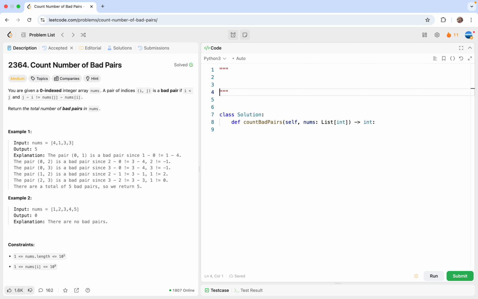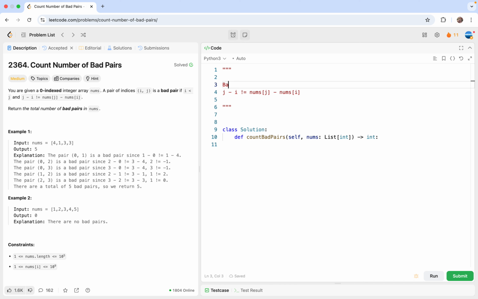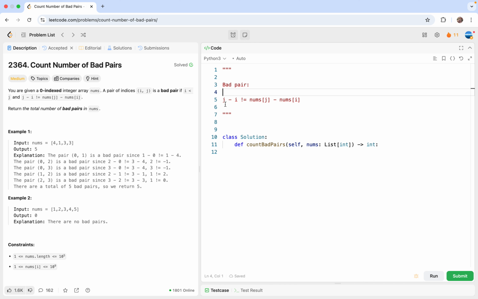First, let's look at this requirement. This bad pair means this. But if you look at the two sides, both sides involve both i and j.